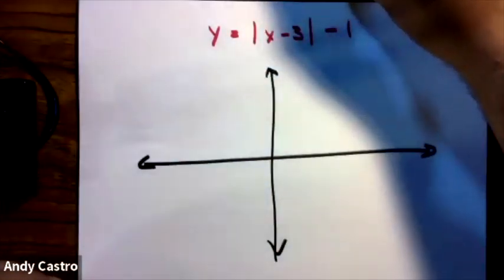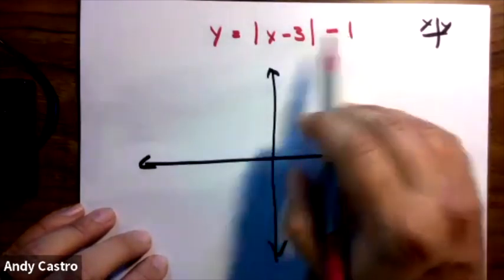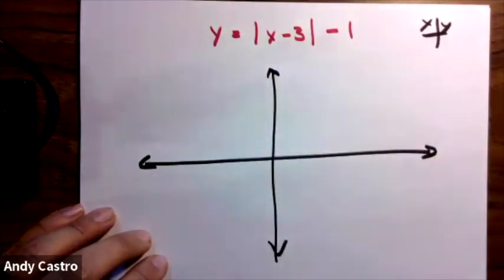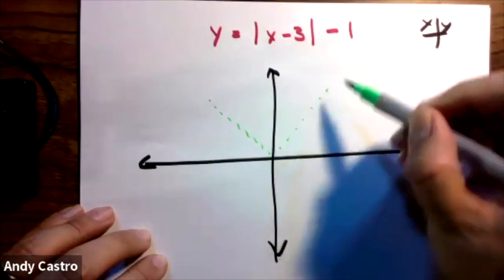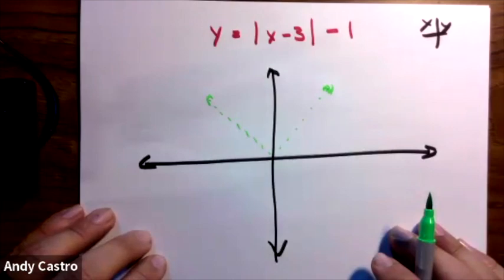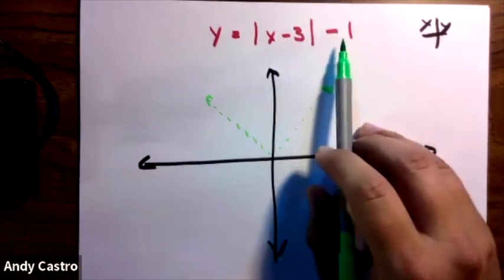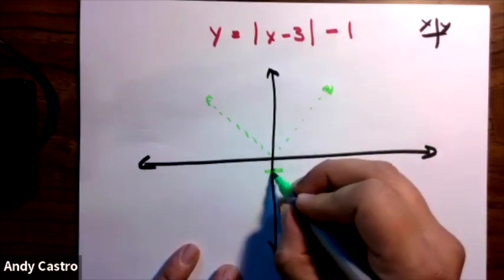Or what we can do is understand that this number and this number are going to shift me. If I know essentially what my typical graph looks like for y is equal to the absolute value of x, I'm going to shift this graph on the y-axis by -1. So I know I'm going to come down right there.